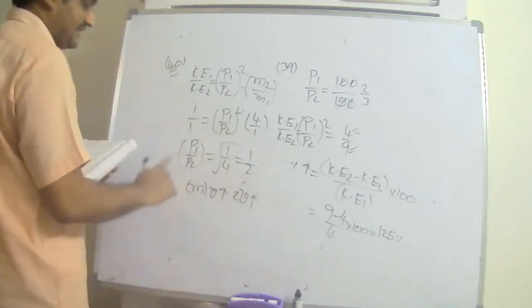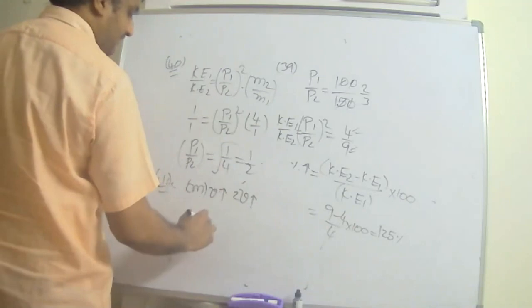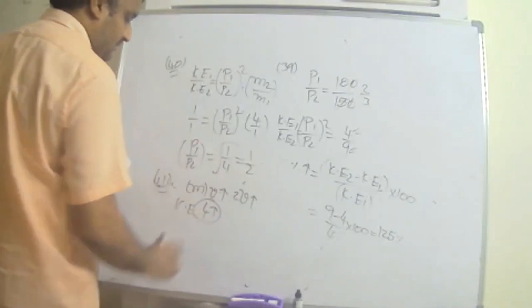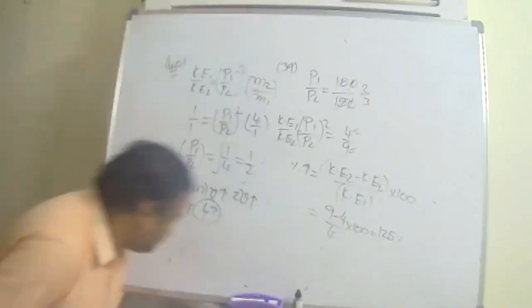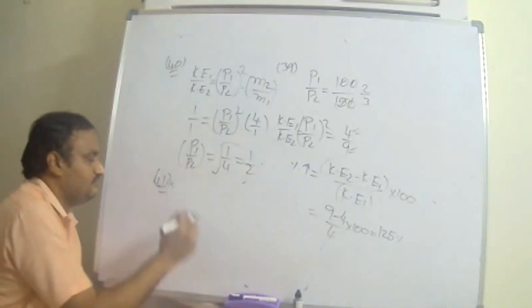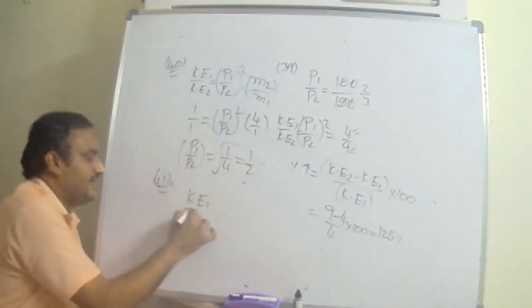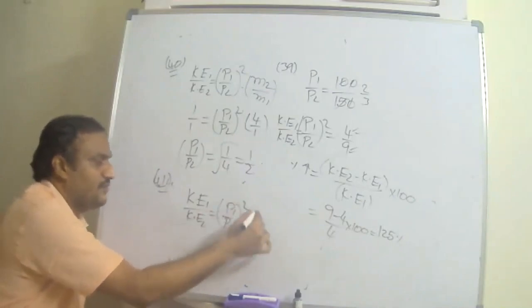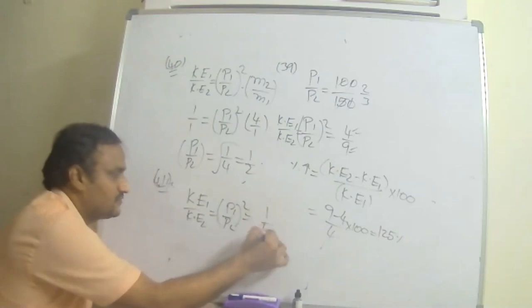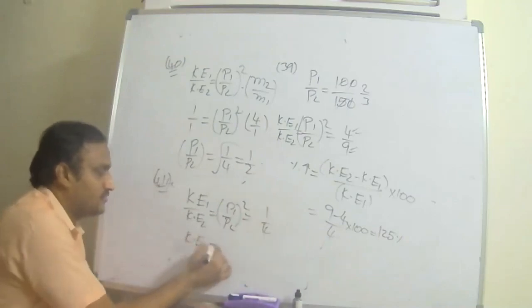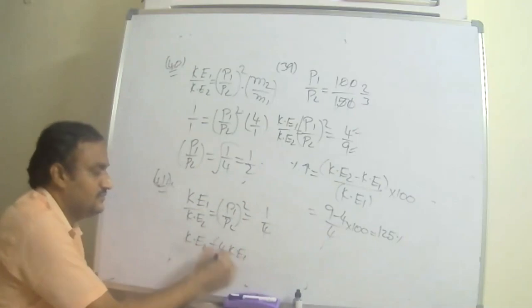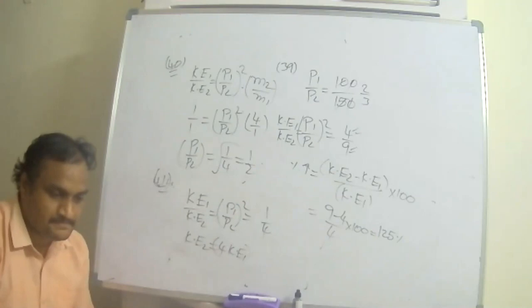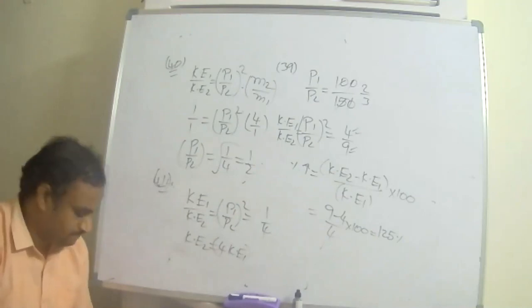So velocity double అయితే mass సేమ్ ఉంది, half mv square, v 4 times అవ్వాలి, kinetic energy 4 times అవుతుంది. లేదంటే సింపుల్ గా Ke1 by Ke2 is equal to P1 by P2 whole square. Linear momentum is double, so this becomes 1:4. So Ke2 is equal to 4 times of Ke1. So kinetic energy becomes 4 times. Next.